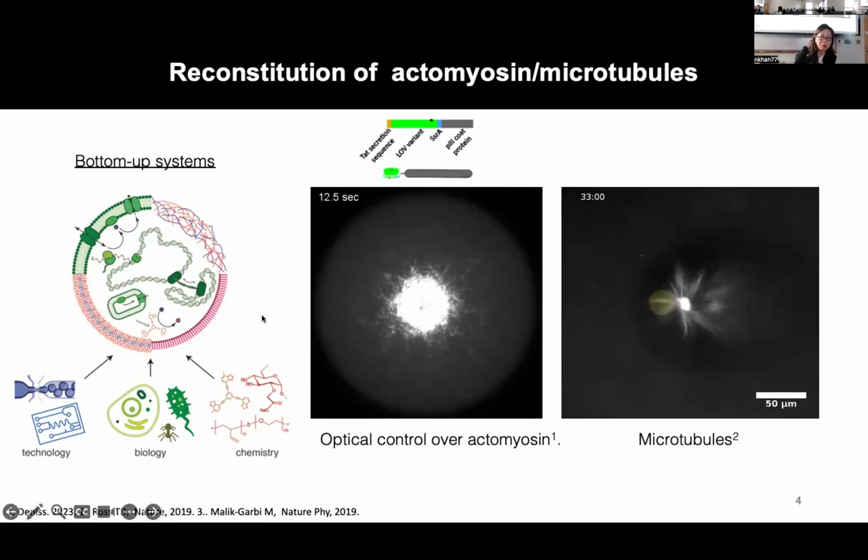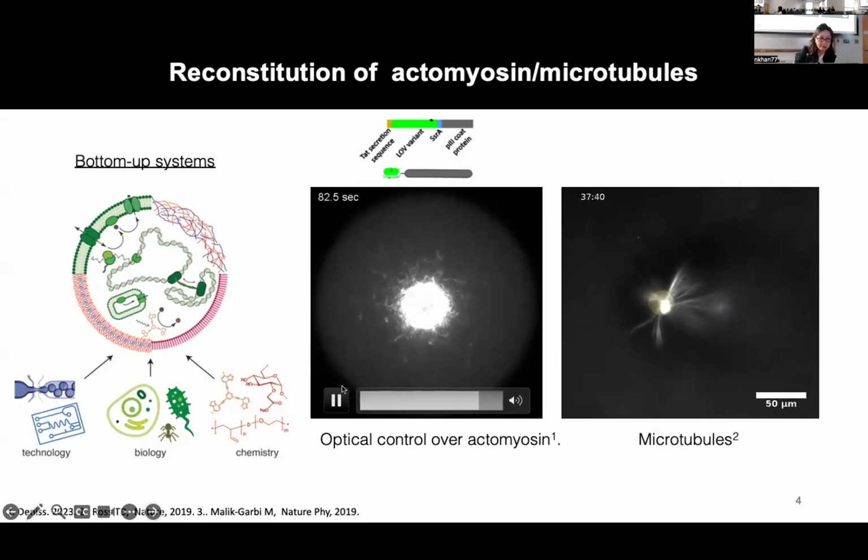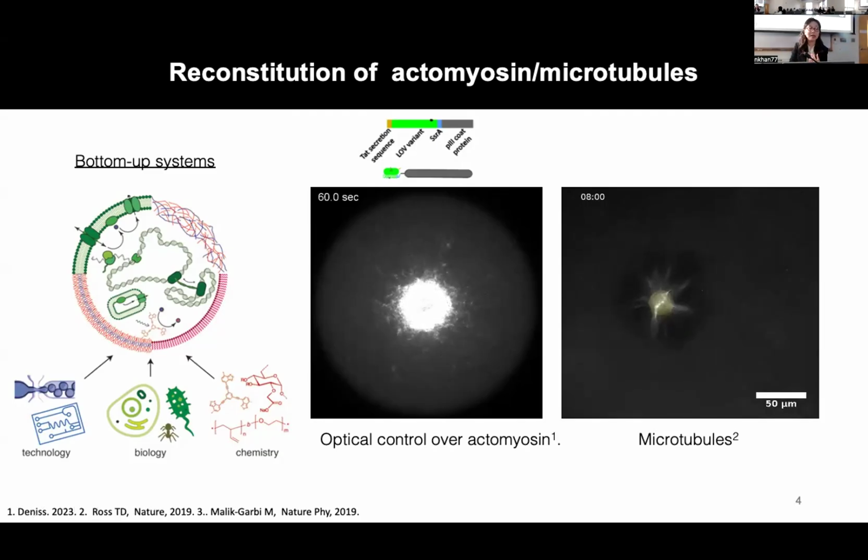Here is an example. What they do is put a light switch into the motor system, so that they can use light to control the polymerization of the actin-myosin, which I'm showing here in the middle.